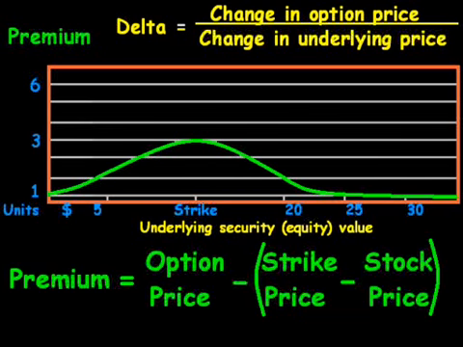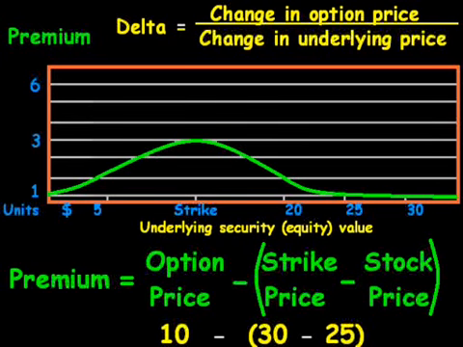So just to think of an example here, if we have an option that's priced at $10, and it's a put option to sell stock at 30, and the stock is currently trading at 25, we take 30 minus 25, which is 5, and we subtract that 5 from the 10, and that gives us a premium of 5.